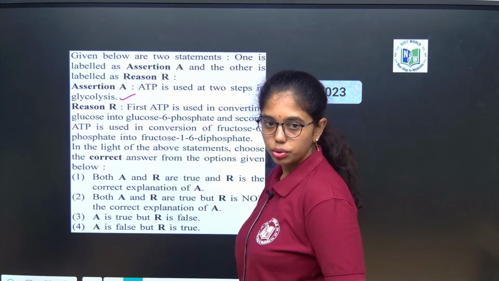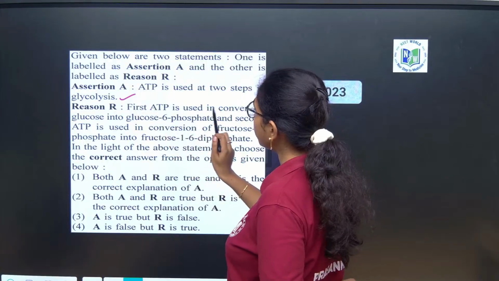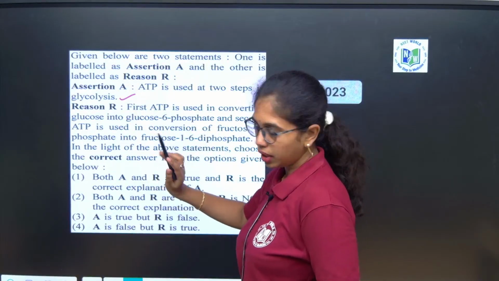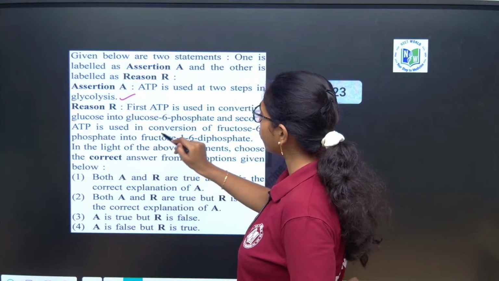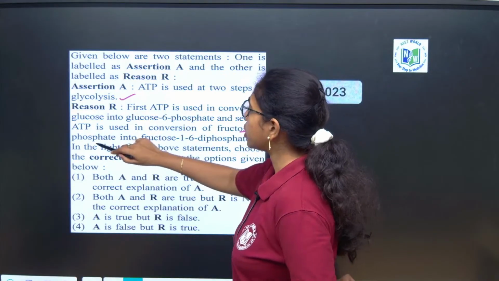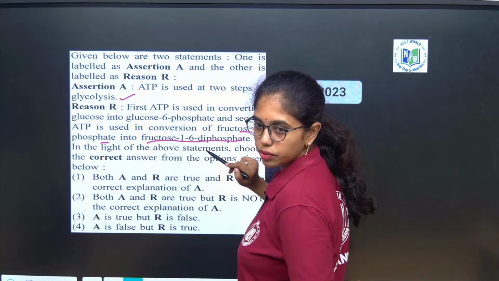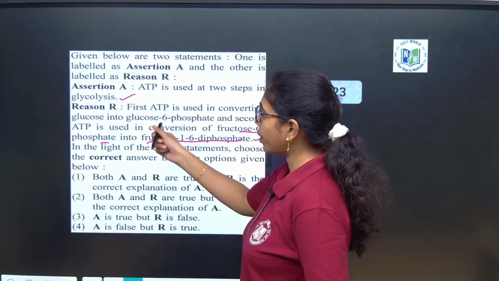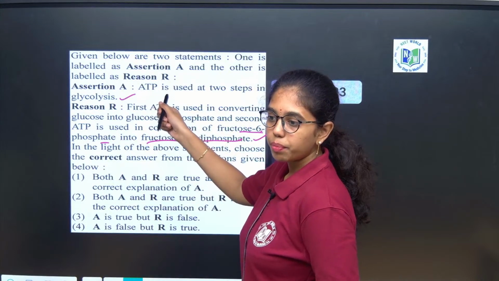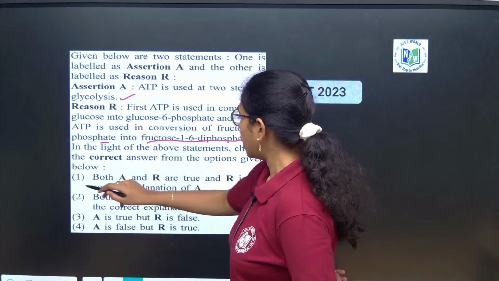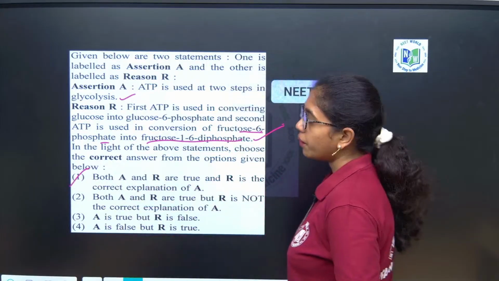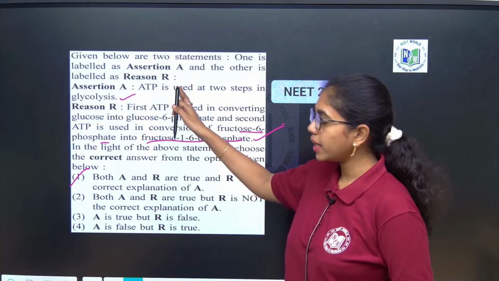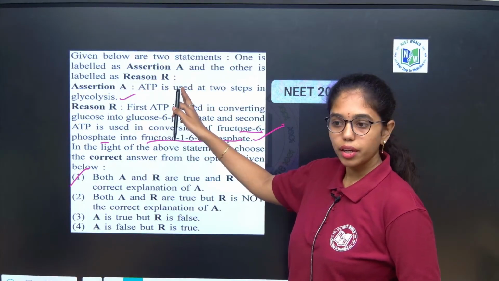This assertion is true only. Reason: first ATP is used in converting glucose to glucose 6-phosphate, correct? Next, second ATP is used in conversion of fructose 6-phosphate to fructose 1,6-bisphosphate, true, right? So, both assertion and reason are true. Reason is explaining where ATP is being utilized, right? So, this is the correct explanation. Whenever assertion and reason are true, you just look into whether the reason is explaining the assertion or not, then you can decode it.